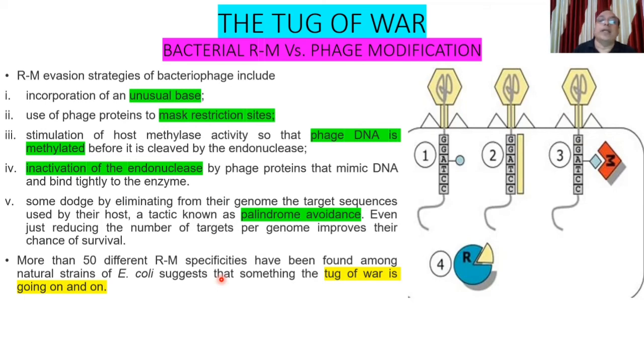So the bacterium is also on its toes, and the virus is also devising novel means to befool the bacterium. That's how I have coined the tug of war. The tug of war between the bacteriophage and the bacterium is going on, and both sides are trying to dodge the one and the other.